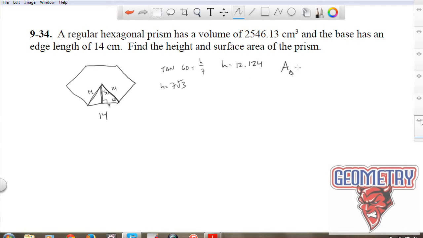So the area of one of these triangles is 1/2 times the base times the height, which ends up being 84.87. Then I'm going to multiply that by 6 because there are 6 of those triangles in the hexagon. That gives me 509.22 as the area of the hexagon.